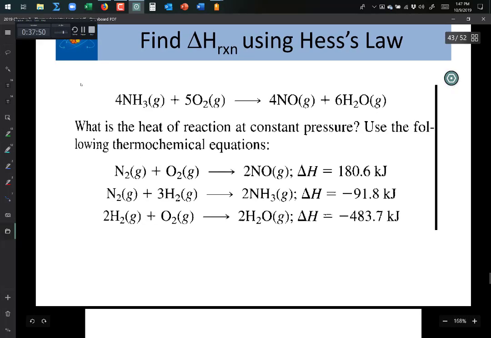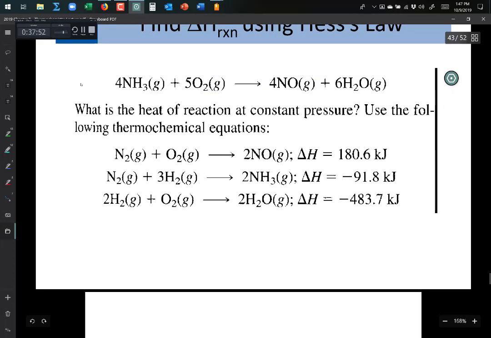Okay. Wrong orientation. That's fine. I stole this. I like this problem. I stole it from a textbook years ago. Horribly scanned.